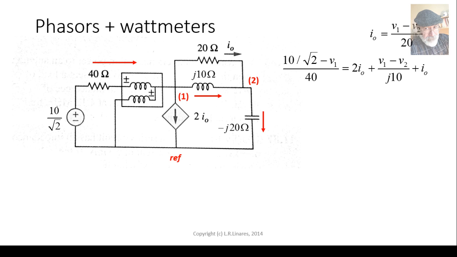Fine. One more equation, the KCL equation for node 2. V1 minus V2 divided by j10, plus the current I0 that comes from the top, is equal to V2 divided by negative j20. We have three equations, three unknowns, V1, V2, and I0.